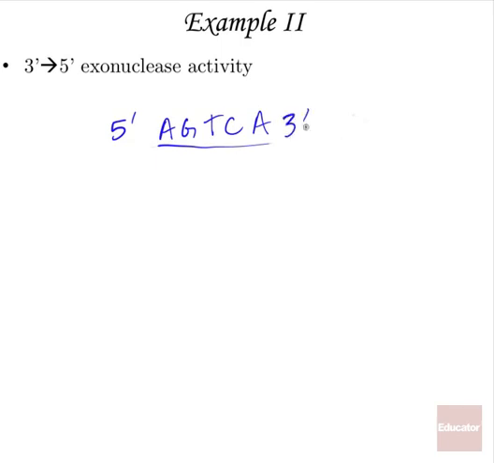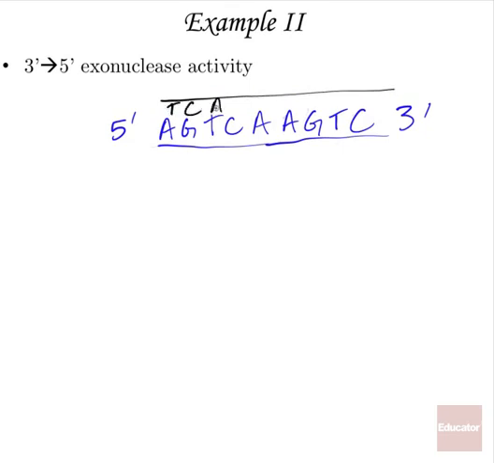And this is important when, if we write this back out, A, G, T, C. If this is newly synthesized, and this is T, C, A, G, T, T, C, A, G, this is 3', 5'.